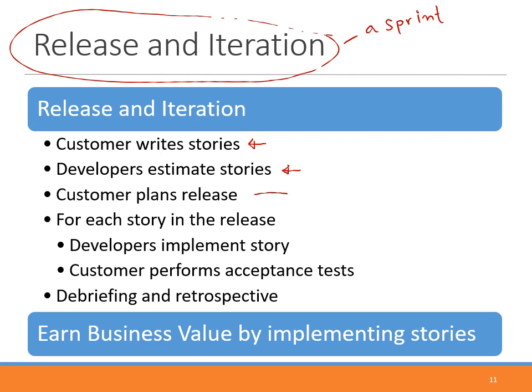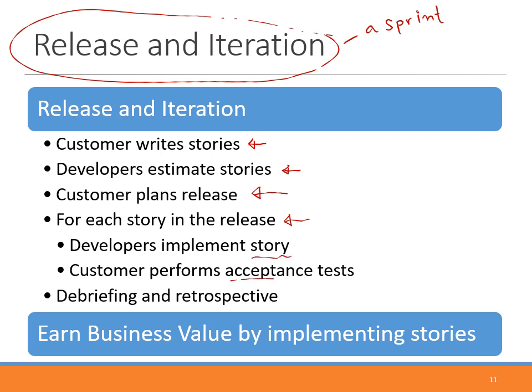Customer plans the release. That means he or she, the customer product owner, will be the person to pick which stories to implement first, second, third, because we need to, of course, develop according to the need of the customer, right? He will be able to tell which one is the most important thing to have first. And for each story in a sprint, in a release, of course, developers implement the story, okay?